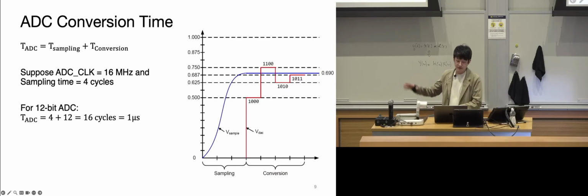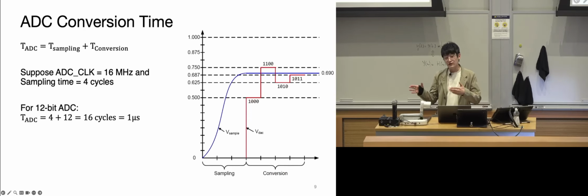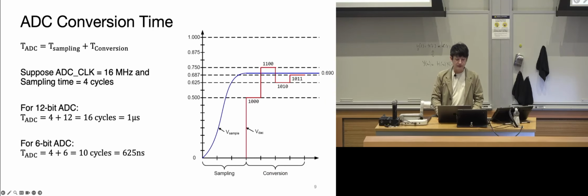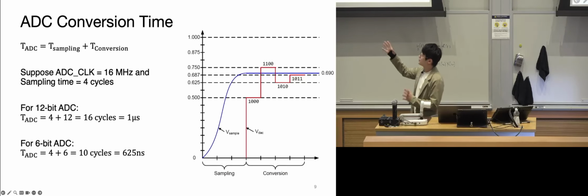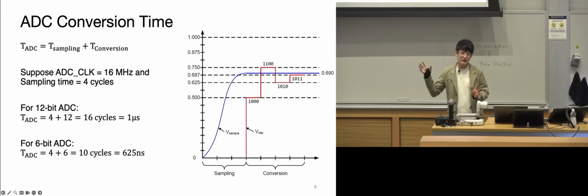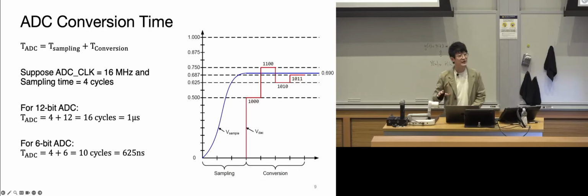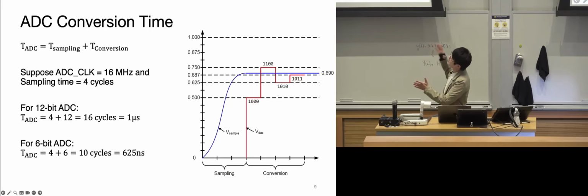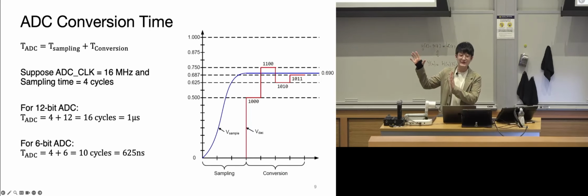The number of cycles is 4 plus 12, and converting that into actual time gives us 1 microsecond. For a 6-bit ADC, it would be about 625 nanoseconds. It's pretty straightforward. Hopefully this all looks reasonable to you. Good?